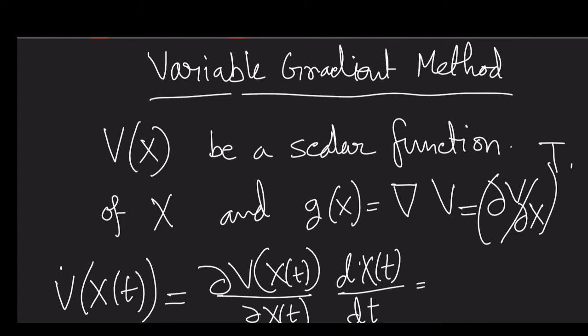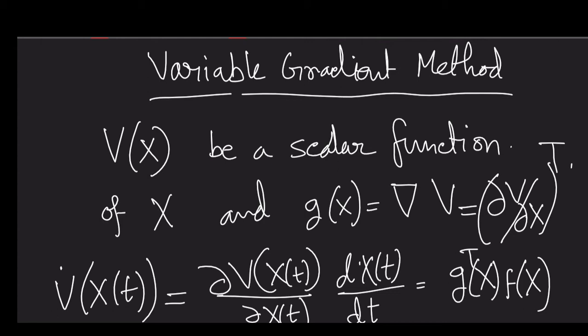So here you will get this. I intentionally dropped this t because we are dealing with an autonomous system, and unnecessarily writing t so many times will only complicate and make this representation cumbersome.